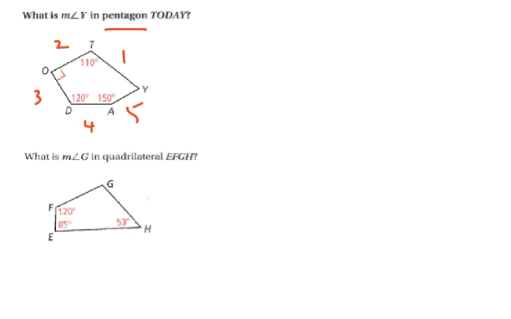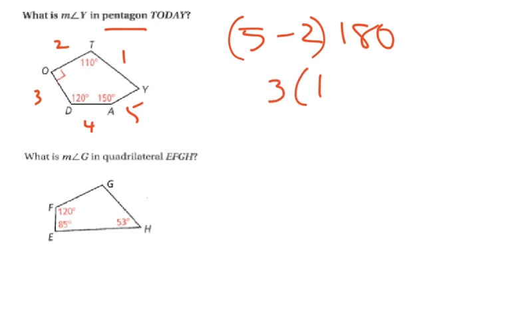So there's 5 sides. So that would be 5 minus 2 times 180, so 3 times 180. Well, 3 times 180 is 540. So all of these numbers should add up to 540.